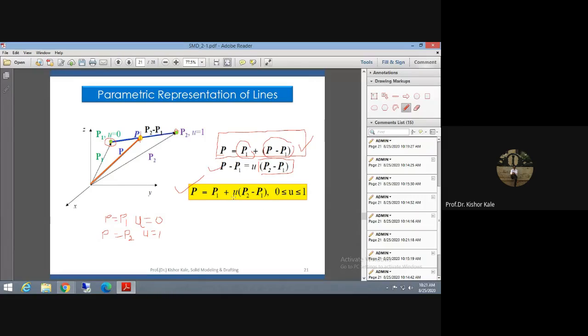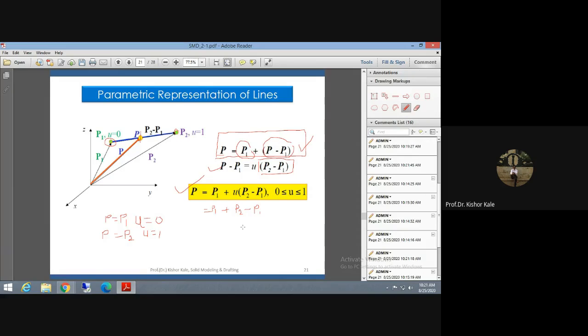This term will be P1 as it is plus 1 times P2 minus P1, which we can write as P2 minus P1.